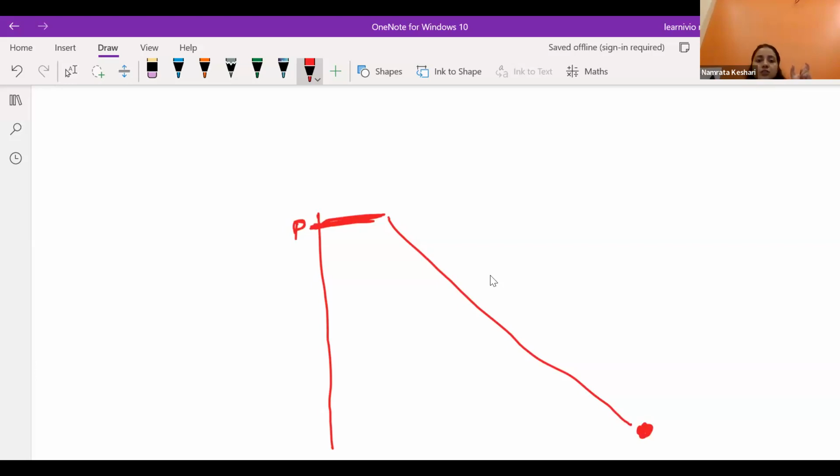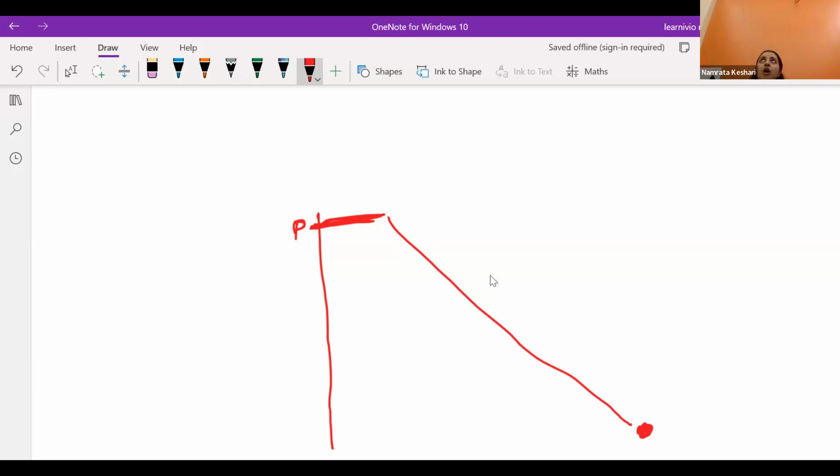The terminology, can you focus? Depression, it is going to depress, like it is going to decrease and decrease. That's what the angle of depression is. Every time, when the person is sitting upward and looking downward, this angle will get created. And angle of elevation means from down to up.